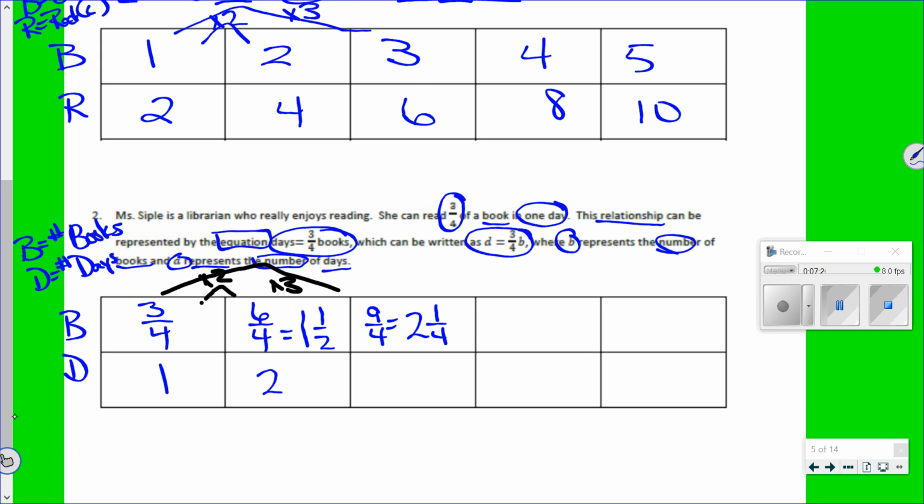So all I do is I say, how many times will 4 go into 9? 2. That's the whole. How much is left over? 1. So that remainder goes up here, and I just keep the fraction piece, 1/4. Make sense? Then at the bottom it becomes 3. What's my next entry? Now I'm doing times 4, 12/4. That simplifies to 3.